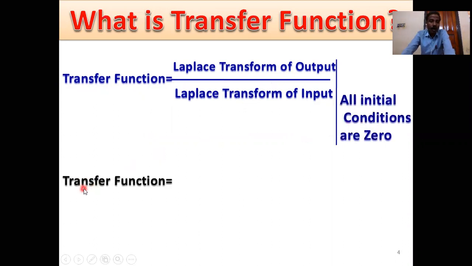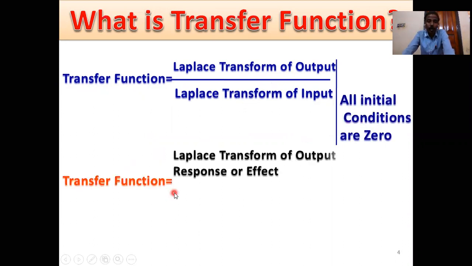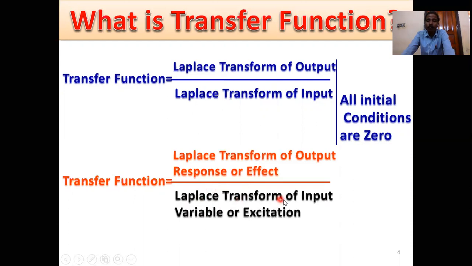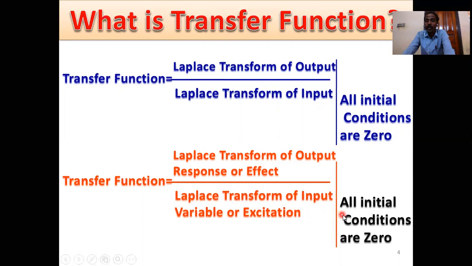Another form: transfer function equals Laplace transform of output response or effects divided by Laplace transform of input variables or excitations, also called cause, provided all initial conditions are zero.